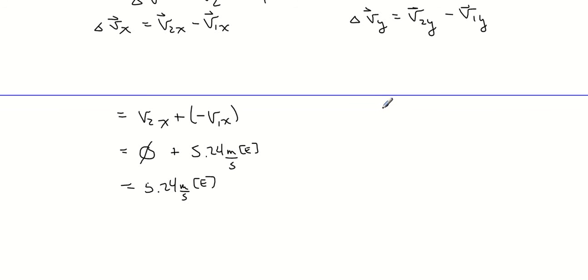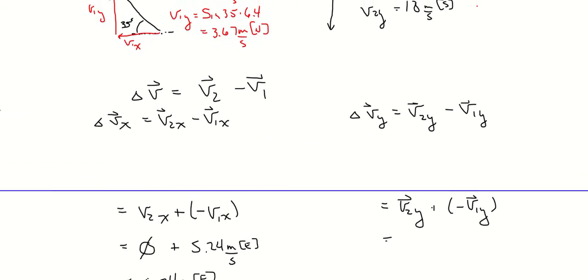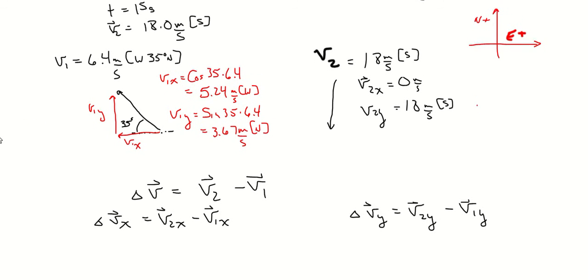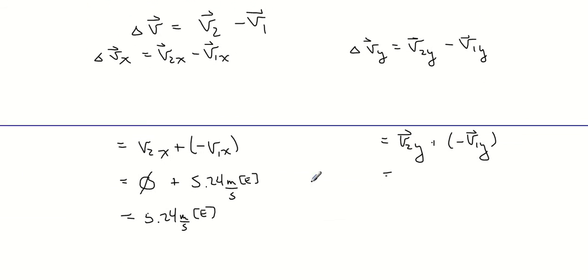Let's now take a look at our y components, and what we'll find is that we have v2y plus bracket negative v1y. And so if we go back up here to the values that we calculated, v2y is equal to 18 meters per second south, and v1y is equal to 3.67 meters per second north.